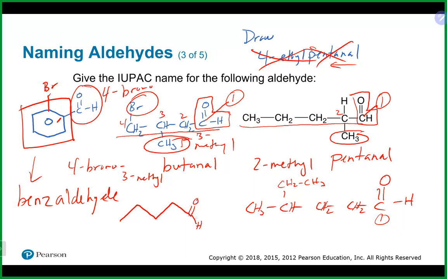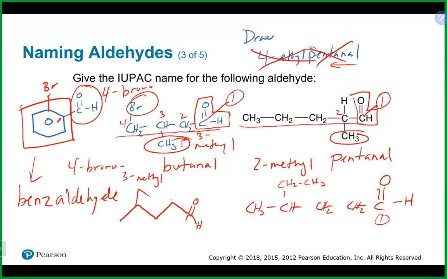And then that would obviously be carbon 1, 2, 3, and 4. And then we would have something like that as an ethyl group. Any questions on any of those? Okay, let's pick up any questions on aldehydes, how to name, how to draw.